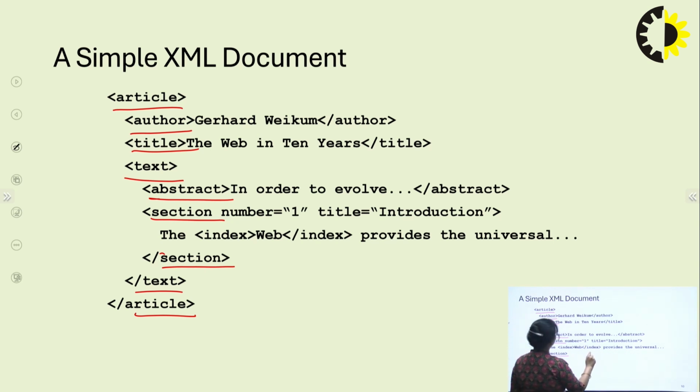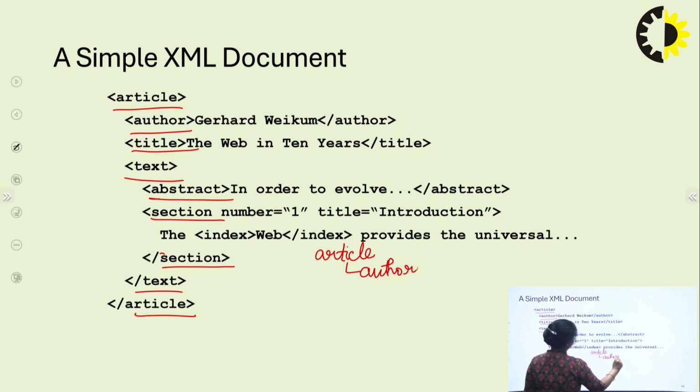First there is the article tag, which is the main tag over here. After the article tag comes the author tag. In the article itself, the title tag is coming, then the text tag is coming.